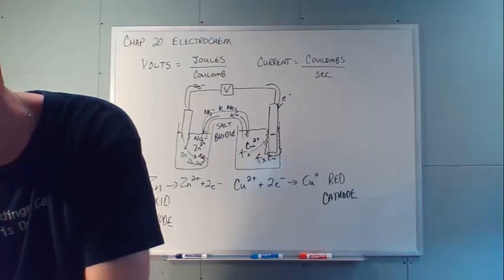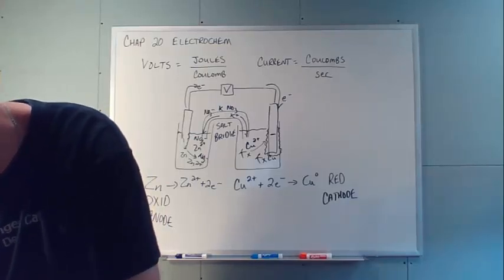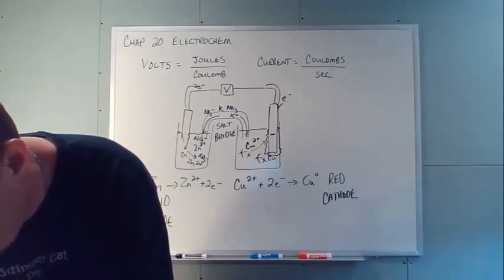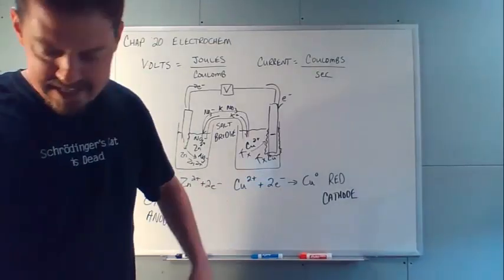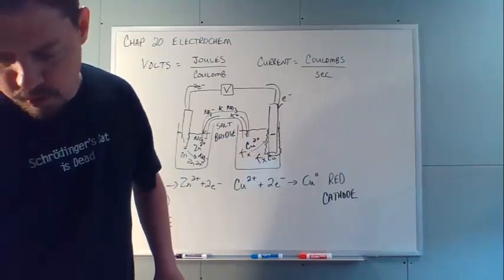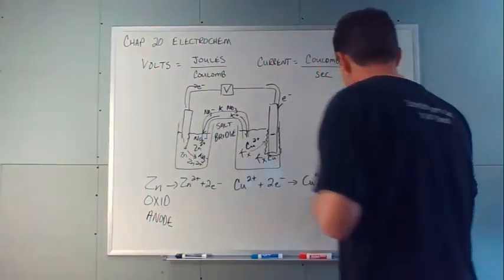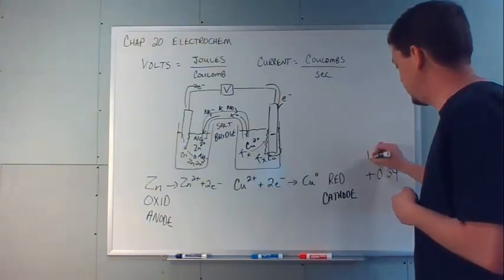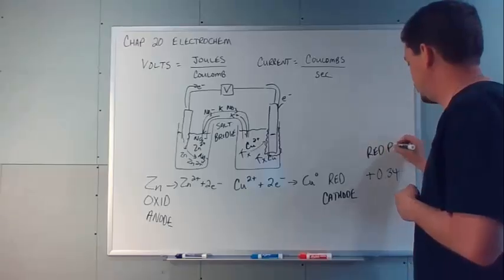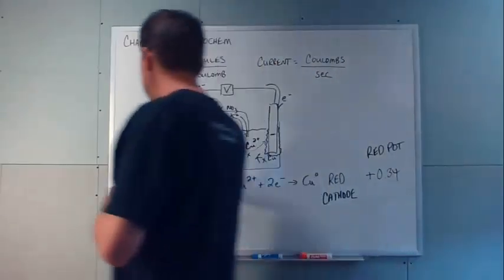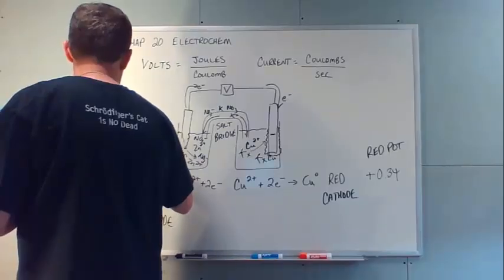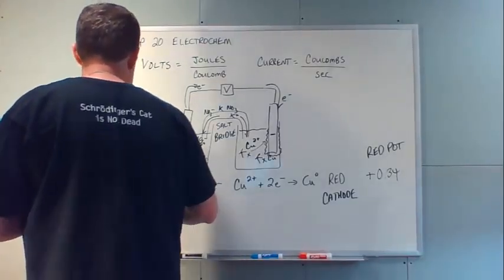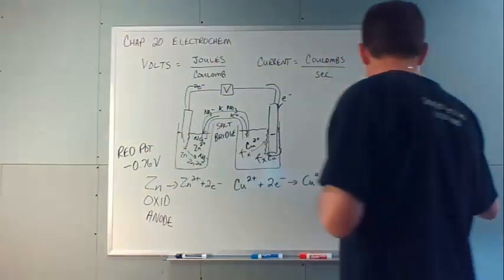Let me get the numbers real quick so I can give you an idea. All right, so copper's reduction potential, which is what it did here, is 0.34 volts. That's the reduction potential. And zinc's reduction potential equals negative 0.76 volts.